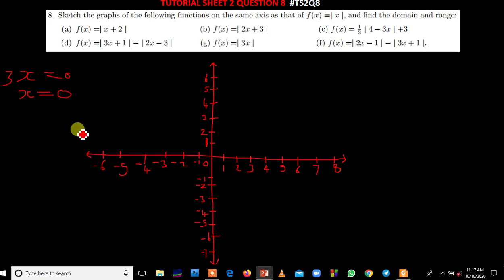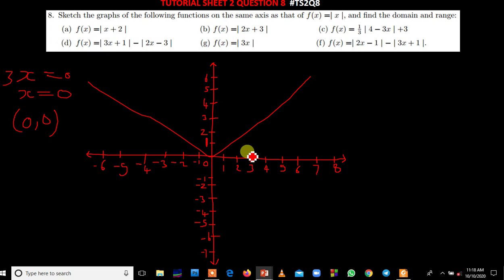So the turning point of our line is going to be 0, 0, and it's going to have the gradient of 3. So it's just going to be like this. We're sketching, remember we're not drawing.